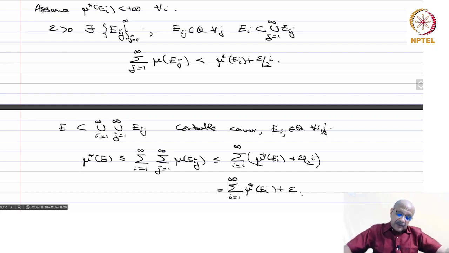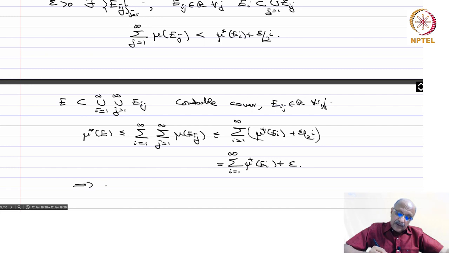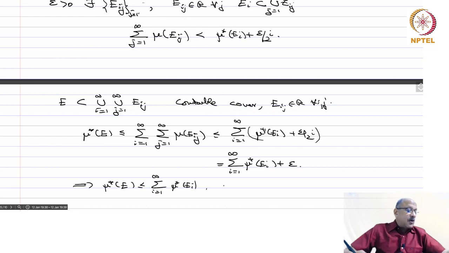Epsilon is arbitrarily given, and therefore you can send it to 0, and this implies that mu star of E is less than or equal to the sum over i equals 1 to infinity of mu star of E_i, and that proves the countable subadditivity.